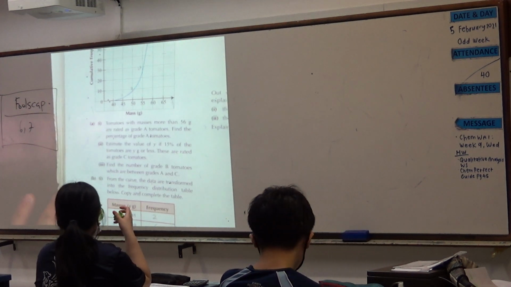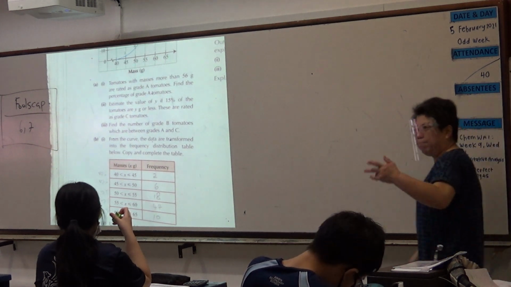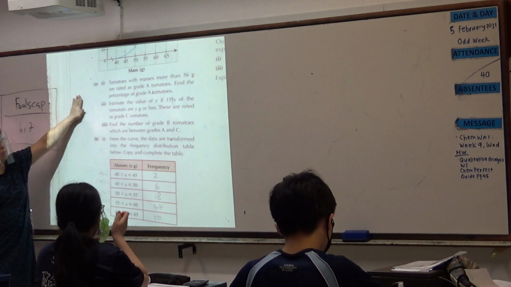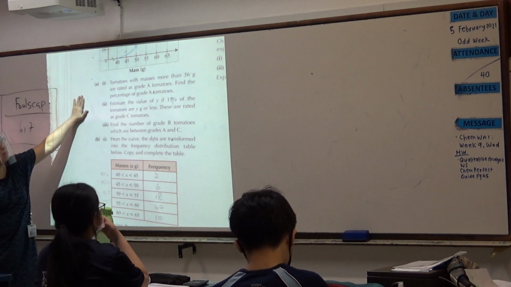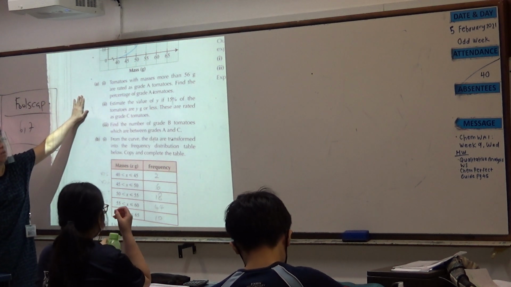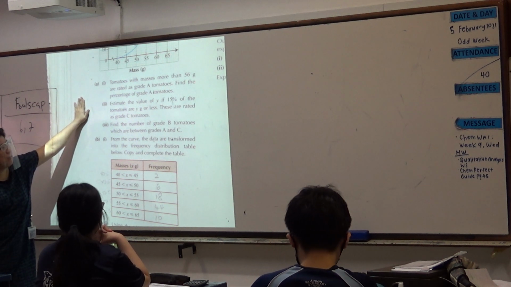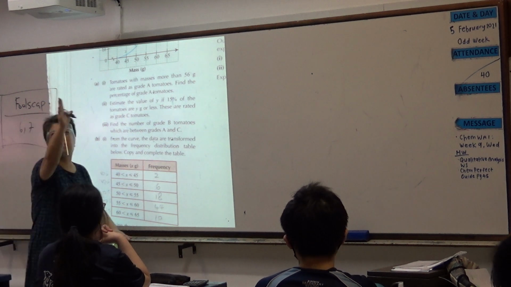Okay, I want you to look at the questions, not the answers. Let's do one by one. All of you look here. Tomatoes with masses more than 56 are graded as grade A tomatoes. Find the percentage of grade A tomatoes. I want you to read from 56.